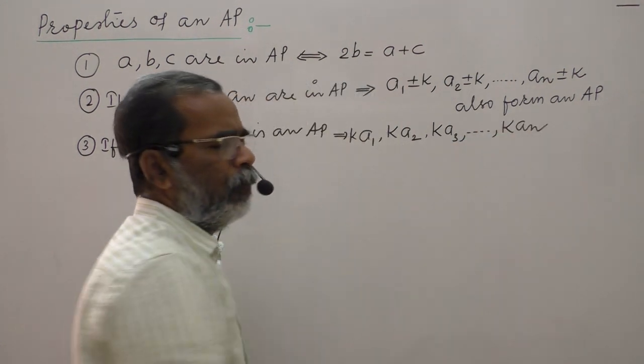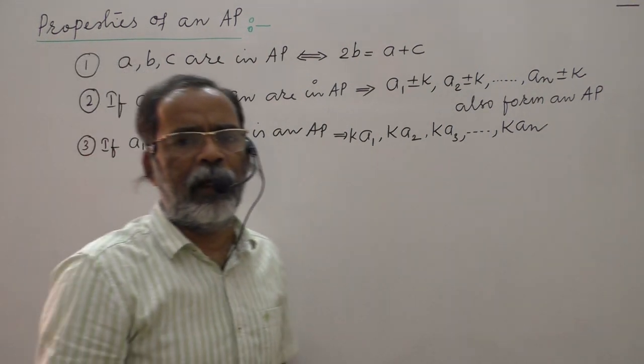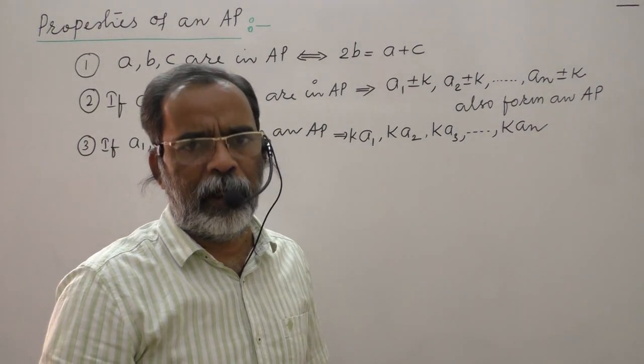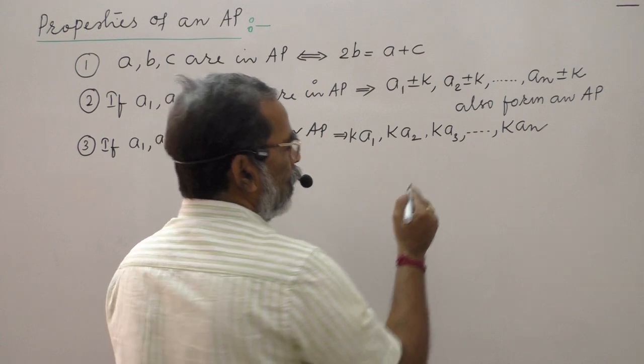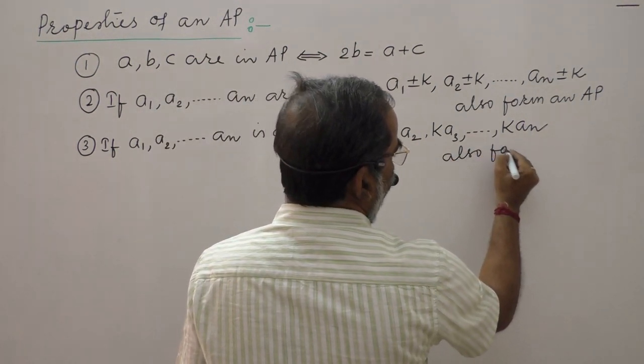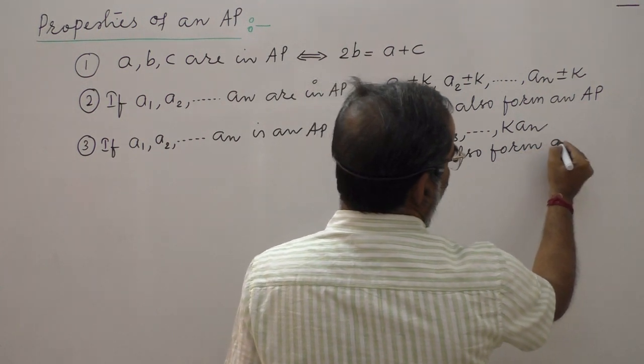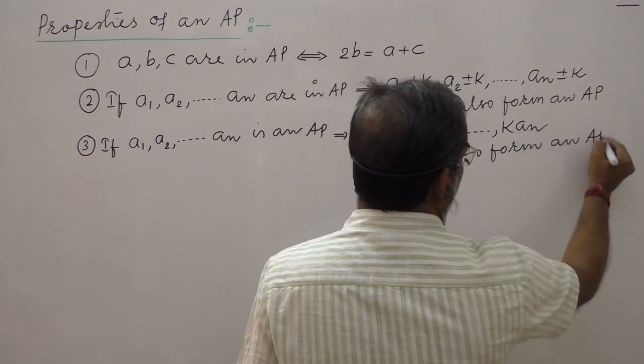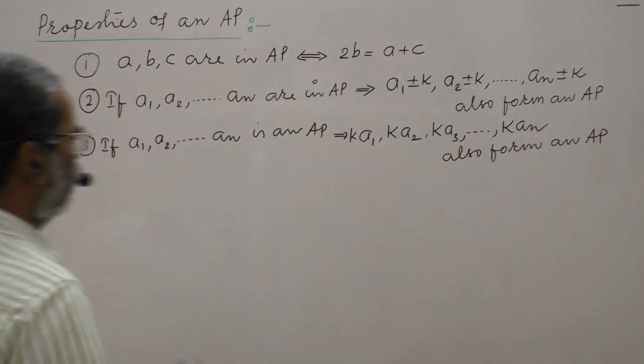If you multiply all the terms of an AP, you will get a new series which also forms an AP.